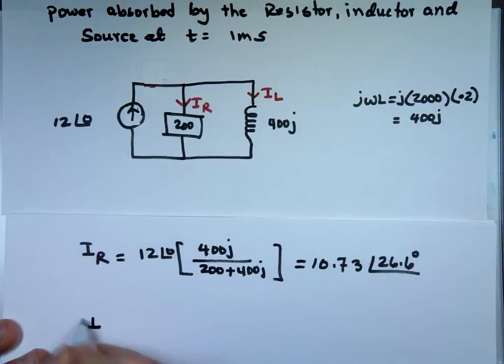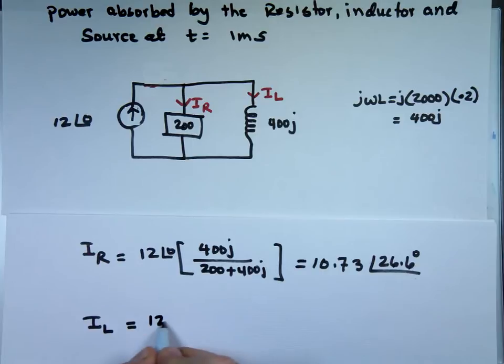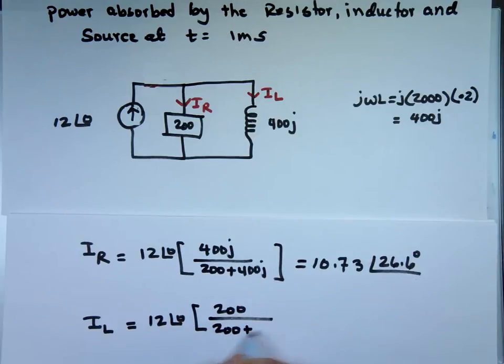What's I sub L? 12 angle 0 times the 200 over 200 plus 400 J. Current division again.